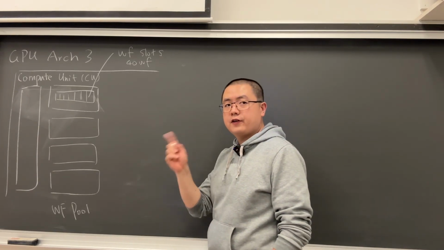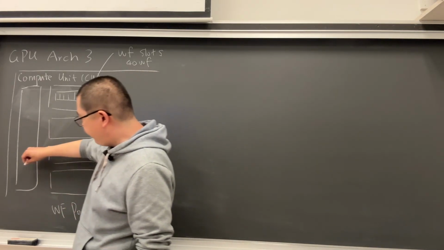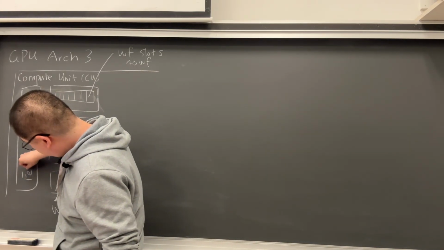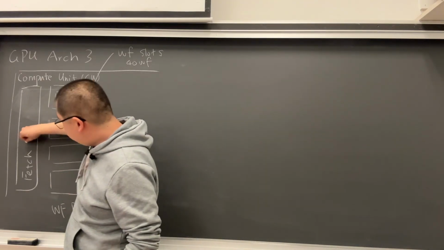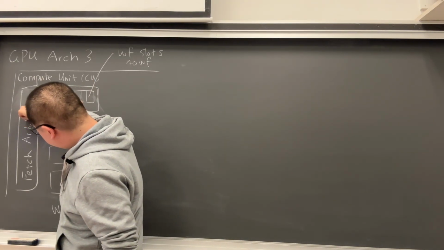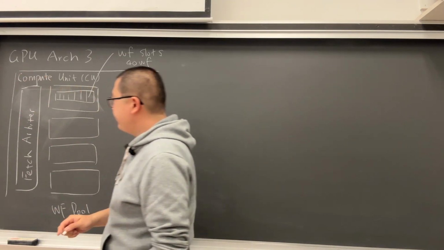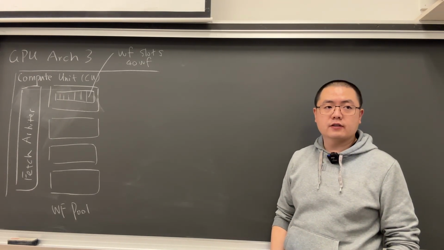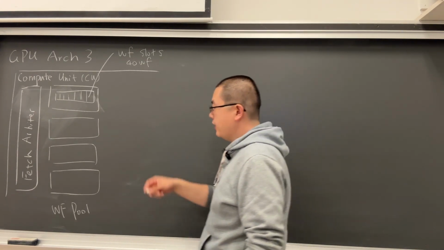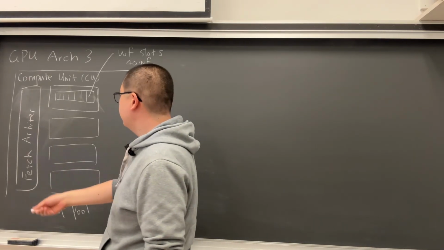So the first stage of the pipeline is fetch. This is a fetch arbiter. A fetch arbiter determines which wavefront can fetch instructions, using some rule of thumb.